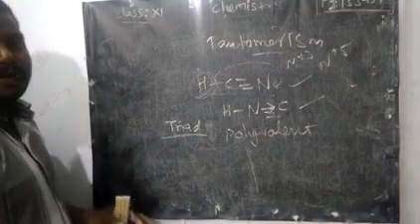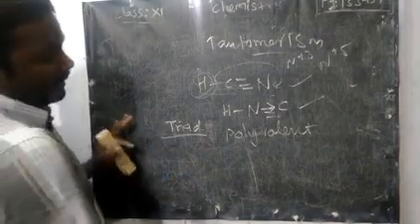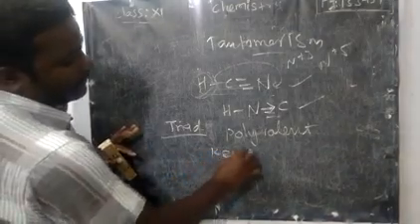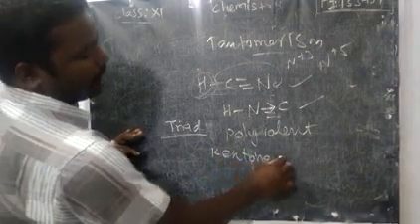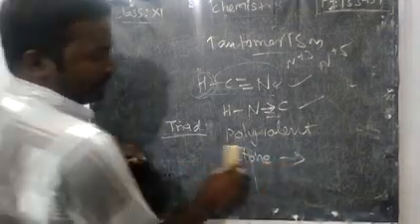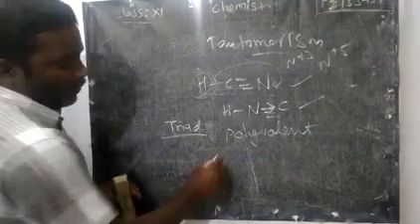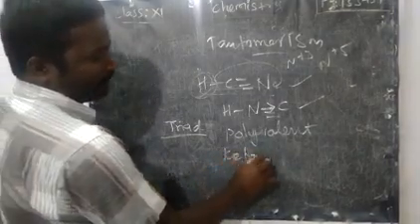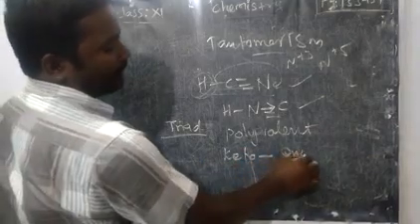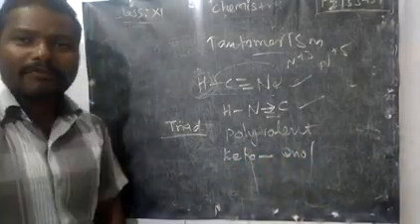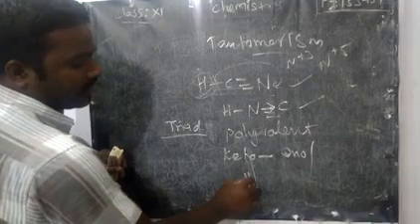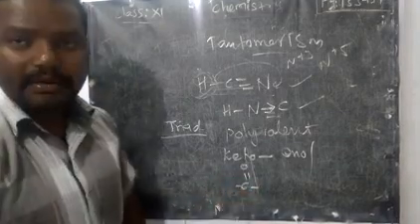We will see an example for the triad system. Here a very important form they are telling. What is that? Ketone enol form, or simply you can say keto form, enol form. What is keto form, enol form? Ketone means we know that a C double bond O group is present.